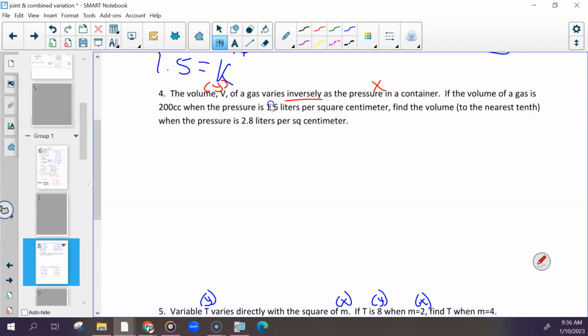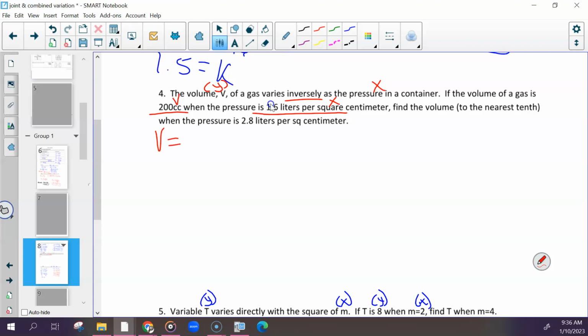If the volume of a gas, I'm going to put that as a B, when the pressure is 1.6 liters per square centimeter. So in these type of problems, make sure you set up your equation, especially if they have different variables. Set up your equation first.